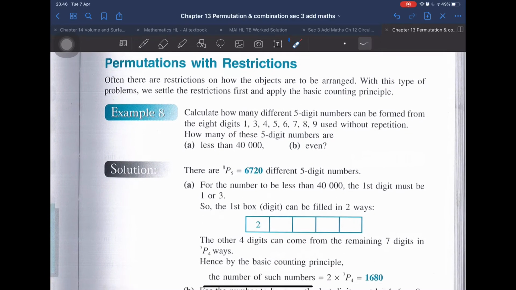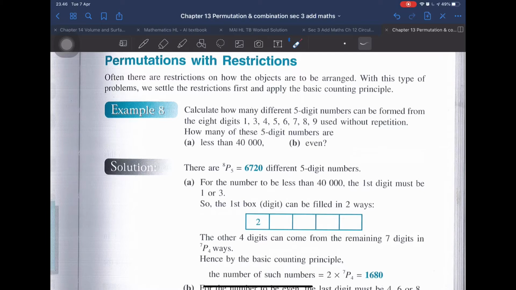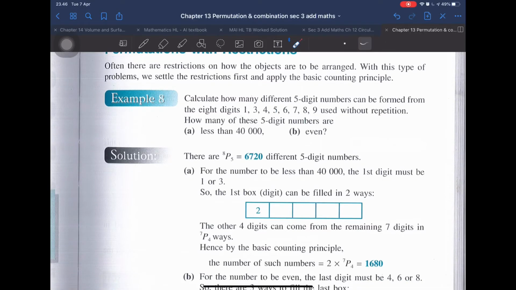If you think that you don't understand, you better repeat or just rewind 10 seconds. Okay? Now, we are trying to choose 5 from 8 different numbers. But remember, the requirement is less than 40,000.